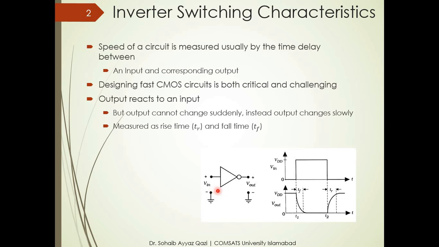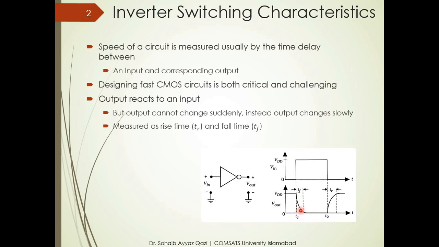Here we have an inverter shown. हमारे पास यहाँ पे एक इनपुट है, इनपुट वोल्टेज है, और हमारे पास correspondingly एक आउटपुट वोल्टेज आएगी. This input voltage is a square wave as shown here, and the behavior of our output is somewhat like this.